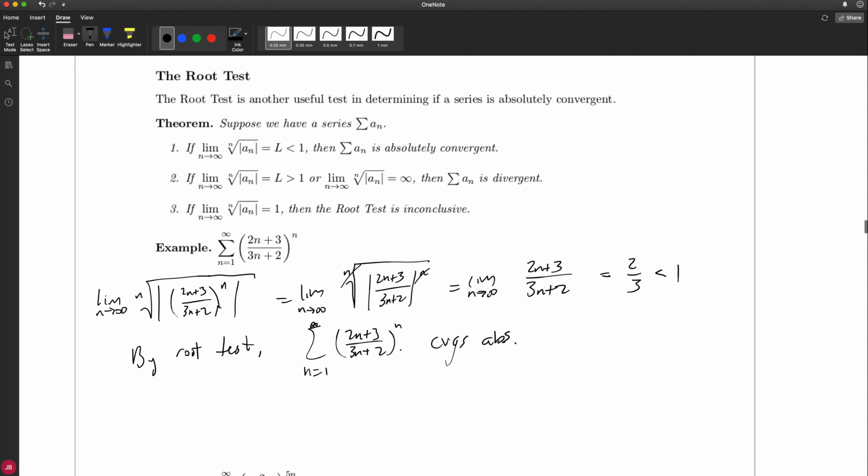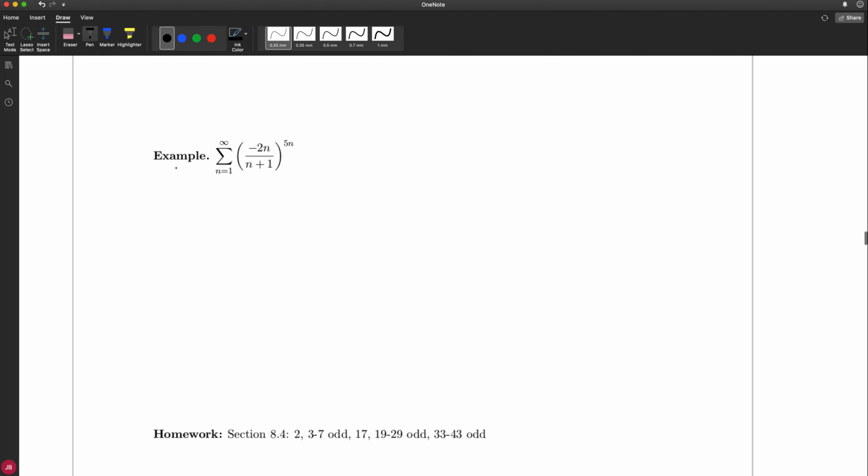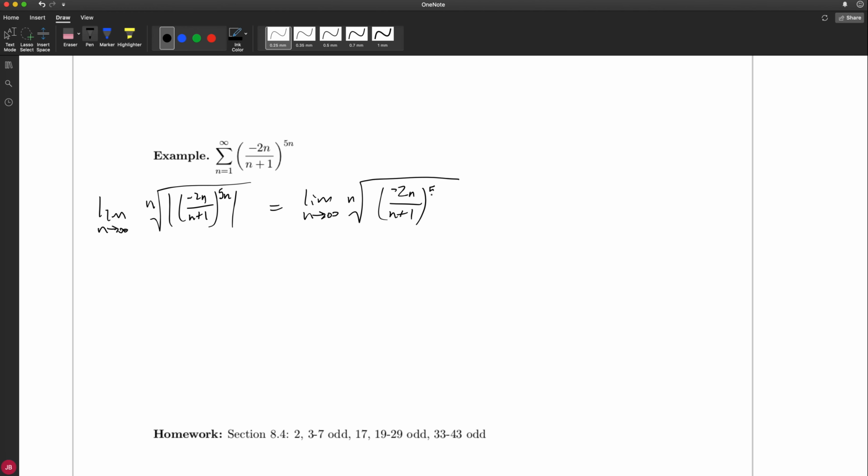And then finally here, why don't you go ahead and try. Apply the root test, so we get the limit as n goes to infinity of the nth root of the absolute value of this whole expression, so minus 2n over n plus 1 to the 5n. Like I said, absolute values can switch places with powers, and we can use laws of exponents to do the following. This is the nth root of minus 2n over n plus 1 to the 5th, to the n.